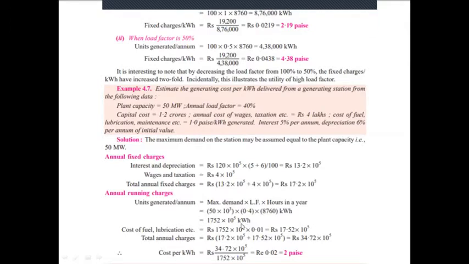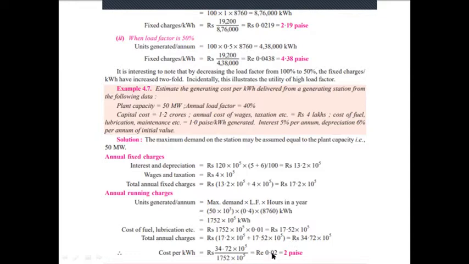Here you are asked to calculate the cost per kilowatt hour. So whatever total charges you have calculated, divided by the number of units, will give so much amount in rupees directly per unit, is it not? It will be directly in rupees, because the total annual charges you have calculated are in terms of rupees.